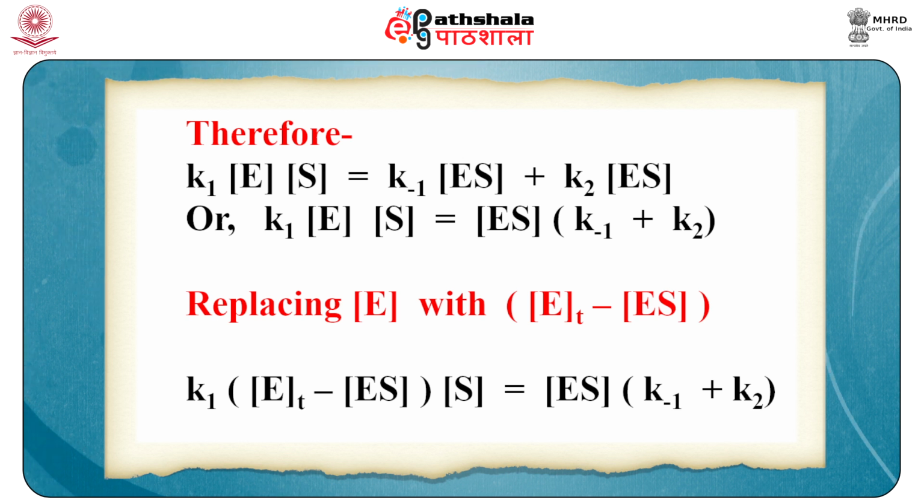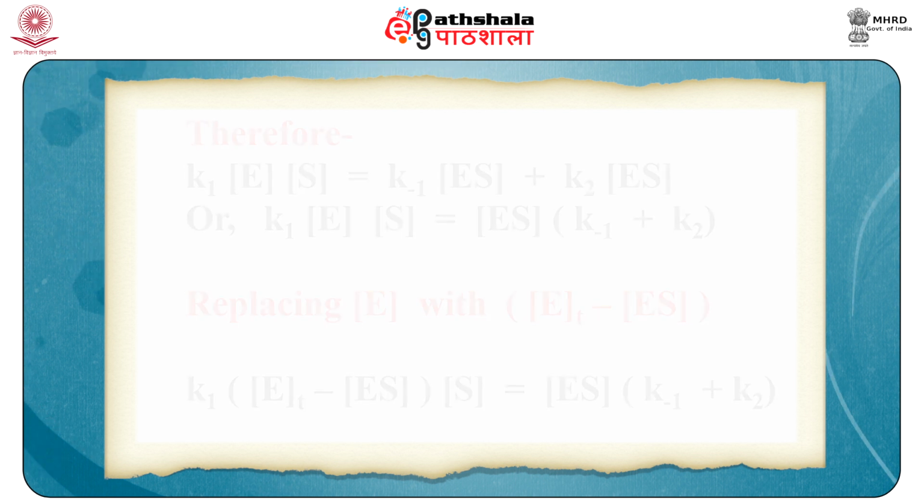Replacing E with Et minus Es, K1 brackets Et minus Es brackets close into S is equal to Es brackets K minus 1 plus K2.